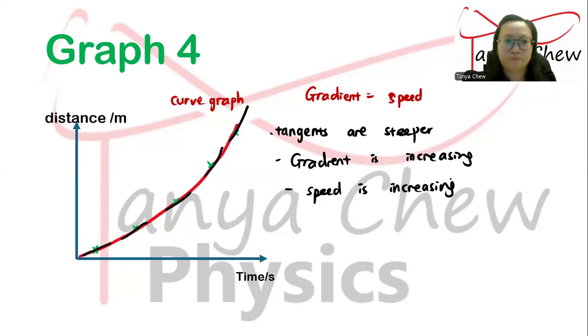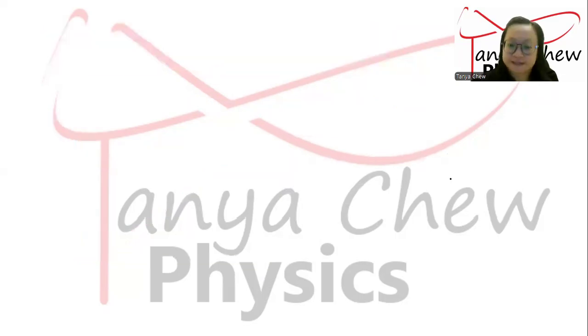So this graph shows that the object is moving faster. So, for example, like the start of the run, right? You have so much motivation. I need to win this. I need to beat Usain Bolt. I always tell myself that, but at the end of the time, Usain Bolt beat me. So I just got to run very fast. So that is all about the distance time graph.